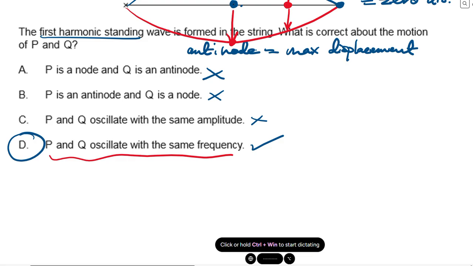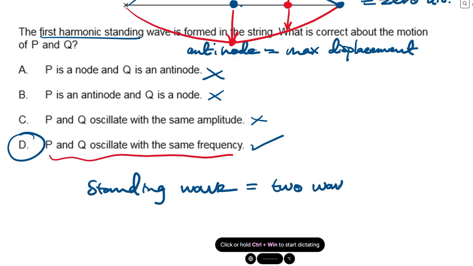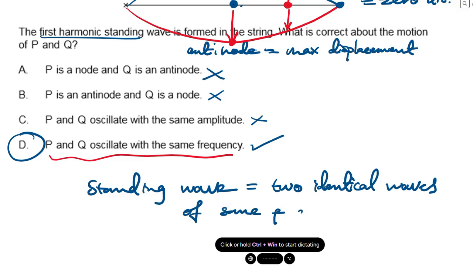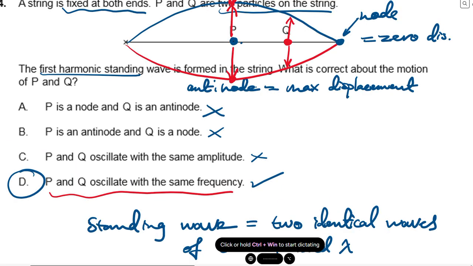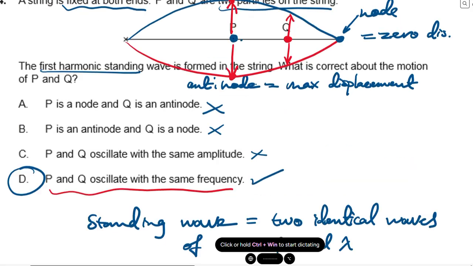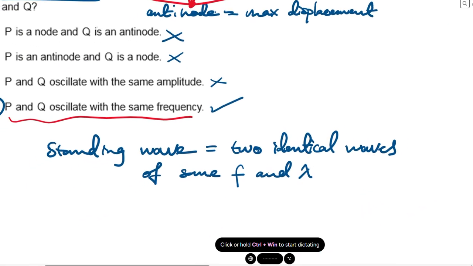And why is a standing wave formed, right? A standing wave comes from two identical waves, right? Of the same frequency and wavelength, right? Otherwise we can't have this perfect interference and superposition.